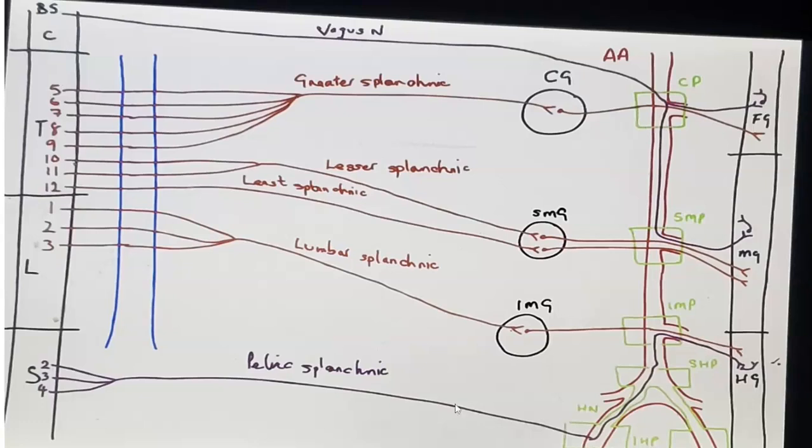So the vagus nerve and the pelvic splanchnic nerves are the parasympathetic innervations, while the sympathetic innervations are the nerves coming from T5 to T9, called the greater splanchnic nerve, that move forward and supply the celiac ganglion.